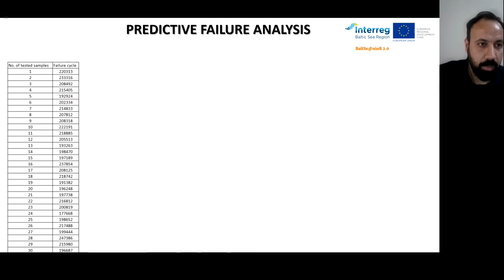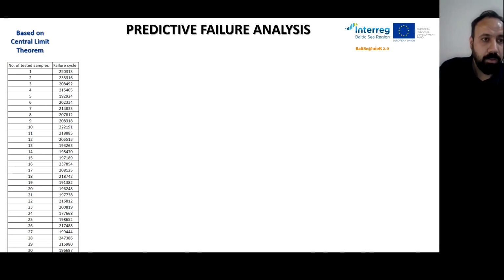So these are my samples. I have 30 samples and these are my failure cycles. I applied the stepwise cycling loading method based on the American Library Association. But based on the specification or the standards, you can configure your test experiment.